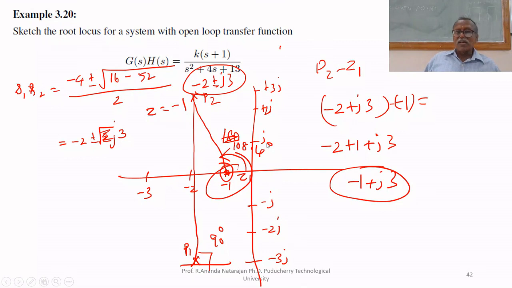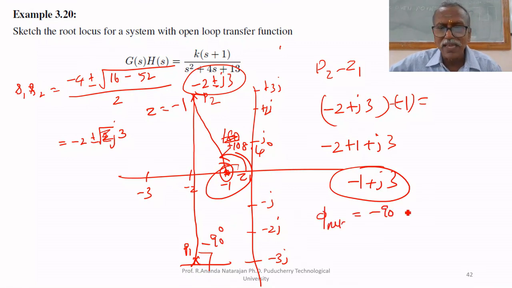You can enter 108.4. This is 90. So this is minus 108 minus 90. This is plus because it is from the zero, that's why plus. This is minus. What is the net angle? Phi net equal to minus 90 plus 108. This is plus 90 only. Why did I put minus 90? Because it is the denominator.